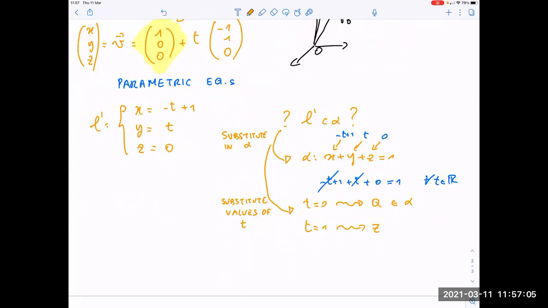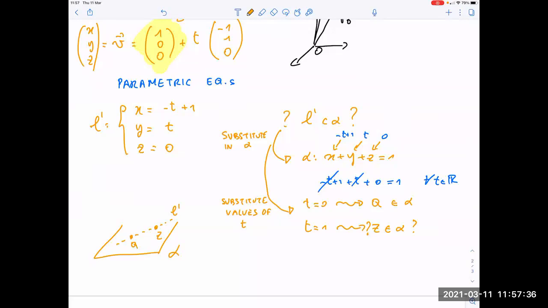If this point is on alpha again, then the unique line joining the 2 points will be on alpha, right? So you have just to check if this point is on alpha. If it does, then since your line L prime is the unique line joining the 2 points, then it must be contained in alpha.